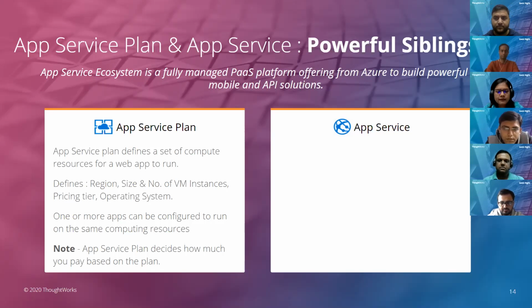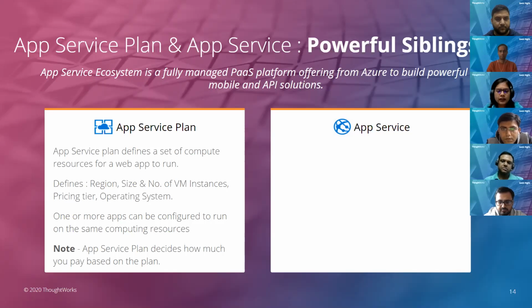There are multiple types of pricing tiers which Azure provides for app services. It can be a standard tier, it can be a premium tier. So based on whether you decide to go with standard or premium, it's decided how much you pay for the app services.